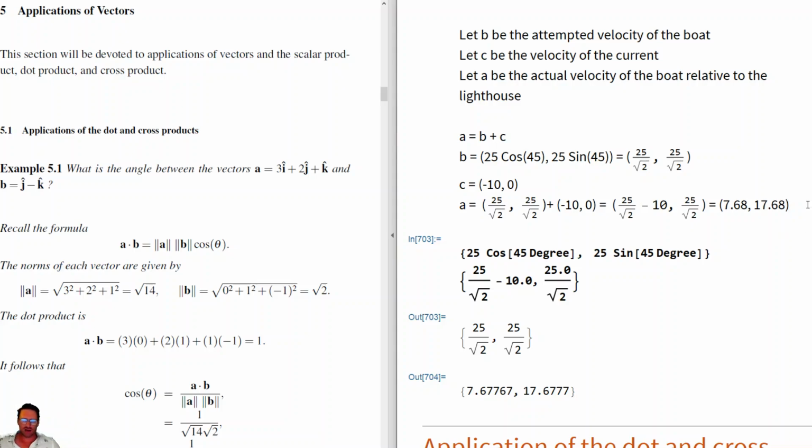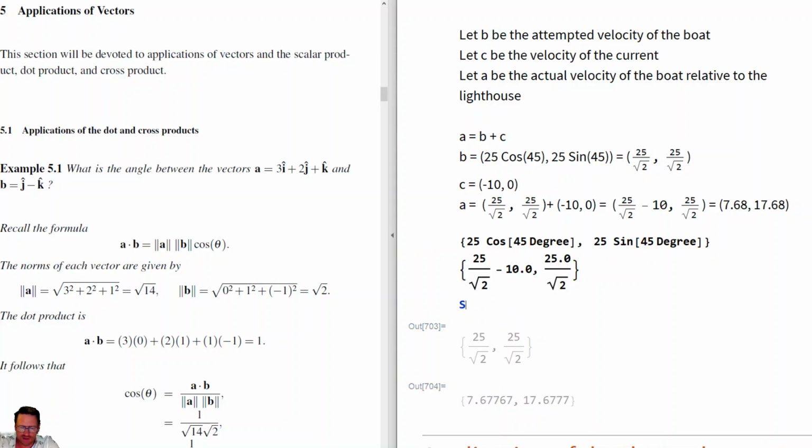Okay, good. So we've got an approximation of the vector A. Now on top of that, we might want to calculate the norm so that we can report the speed. So for the norm of this vector, I will take the square root of the sum of the squares.